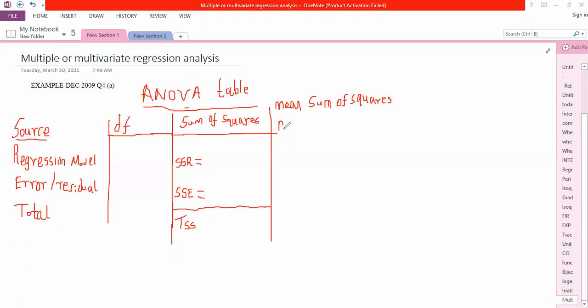And I'll abbreviate this one as MSS, mean sum of squares.